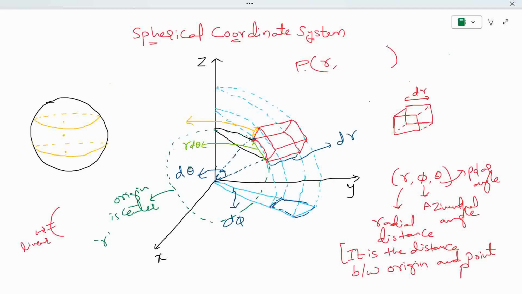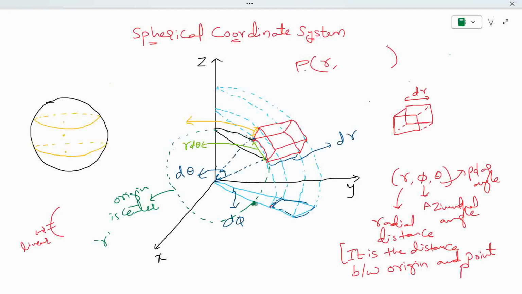Now this circle is passing through the xy plane. When this point reaches a place where z equals 0, we project it like this. So the point comes here.